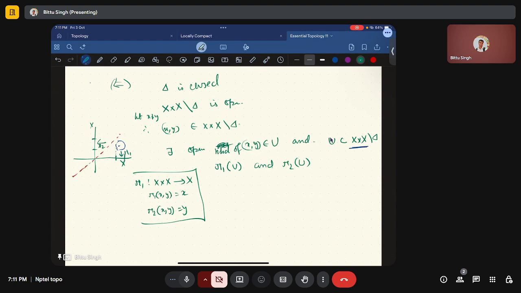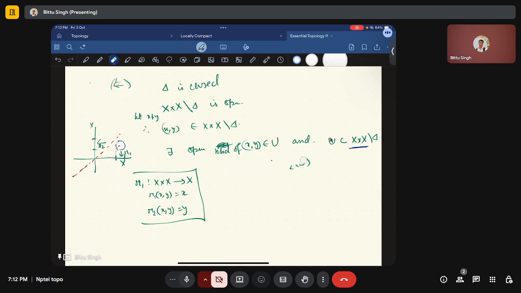Okay, there is some issue. For example, we don't know if pi 1 of U will be open or not. Pi 1 of U may not be open, right? Yes, this may not be true. So just modify the neighborhood.